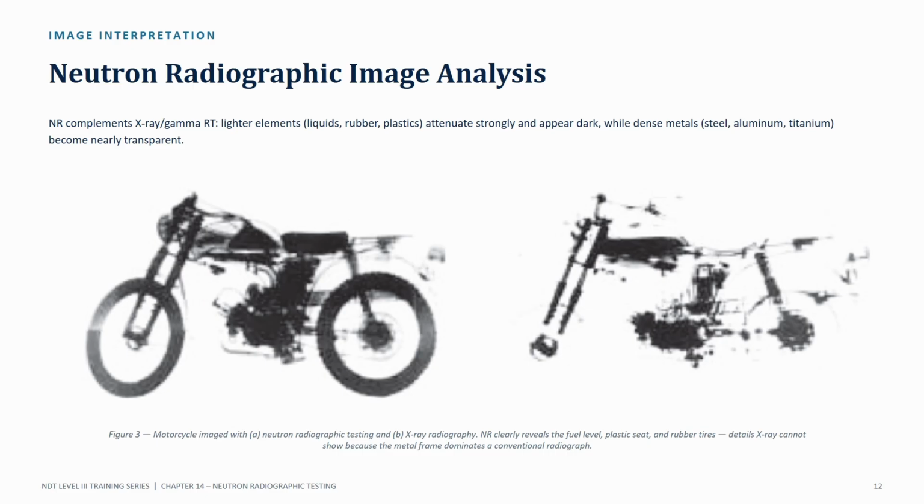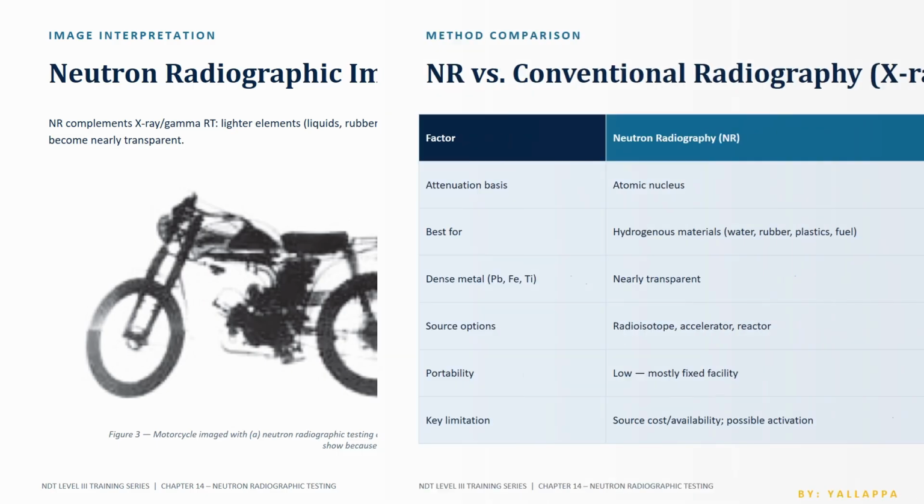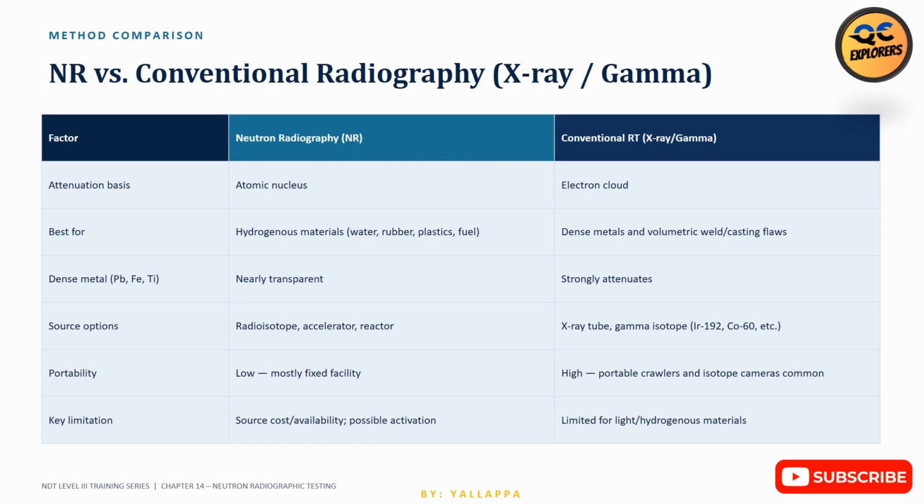Now that we've learned how to interpret neutron radiographic images, let's move on to a direct comparison between neutron radiography and conventional radiography, where we'll summarize their differences, strengths, limitations, and typical industrial applications. Now that we've seen how neutron radiographs are interpreted, let's compare neutron radiography with conventional radiography, which includes both X-ray and gamma-ray radiography.